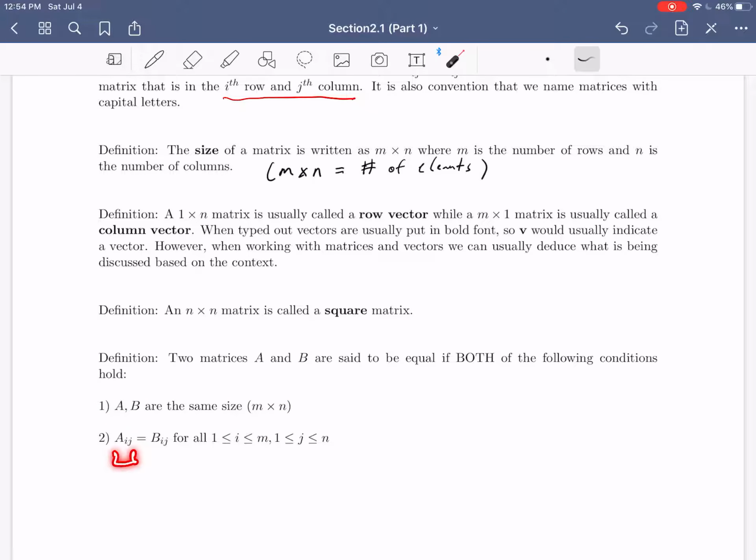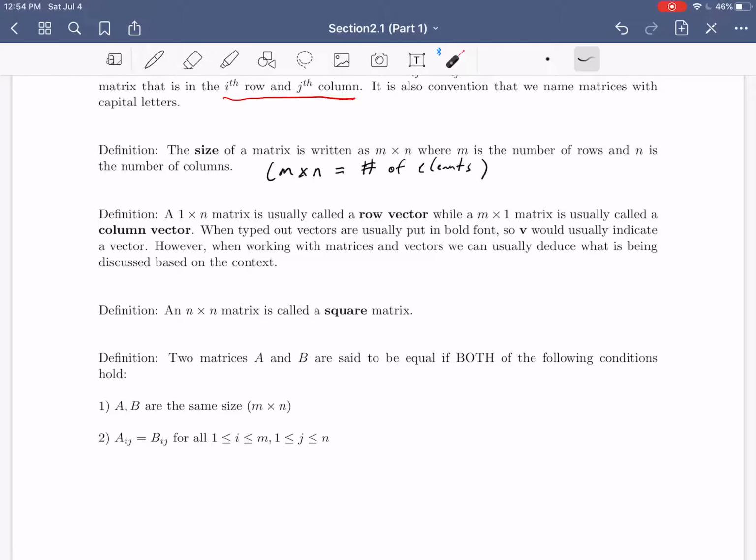And the element in the ij position of A has to equal the element in the ij position of B, for all 1 less than or equal to i less than or equal to m, and every column position as well. So this is just a very formal way of saying that every element in A and B match, and the two matrices have to be the same size. That makes sense for what it means to be equal as a matrix.